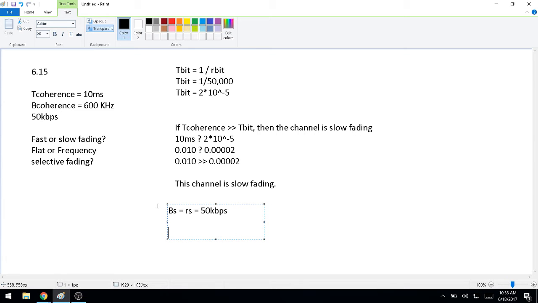And now for our test, again, we have to check whether our coherence bandwidth is either 10 times greater than or equal to, or not 10 times greater than or equal to.